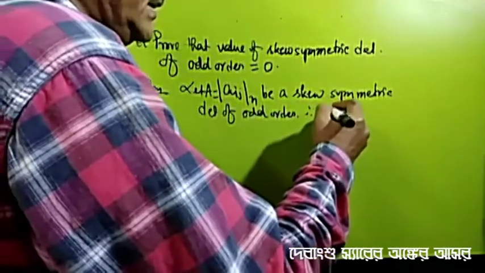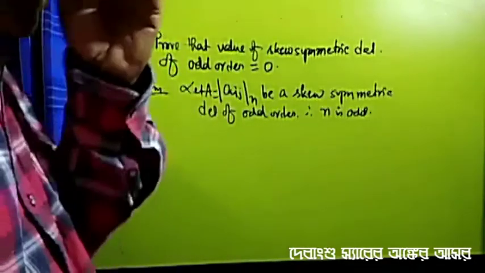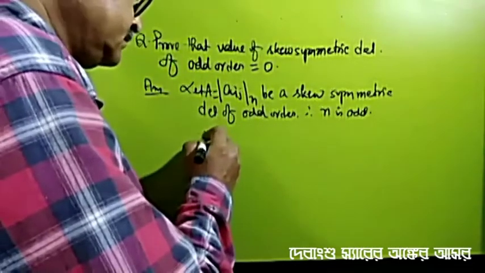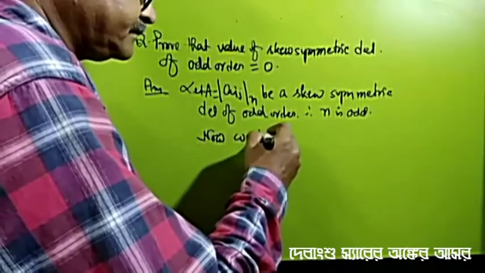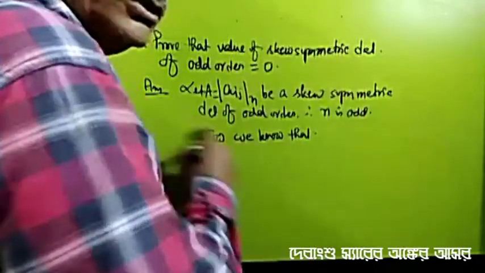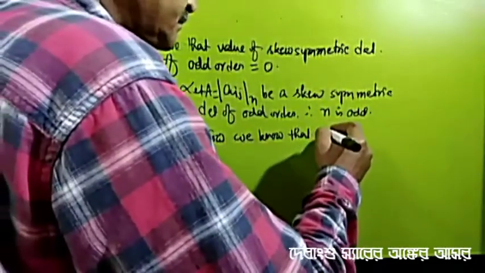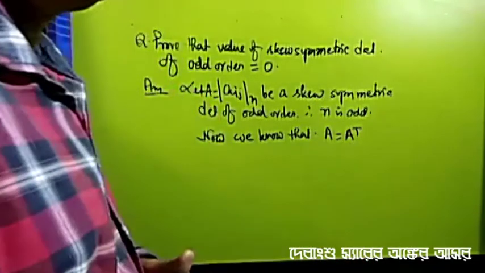Hence, n is odd. Now, we know that A is equal to A transpose.